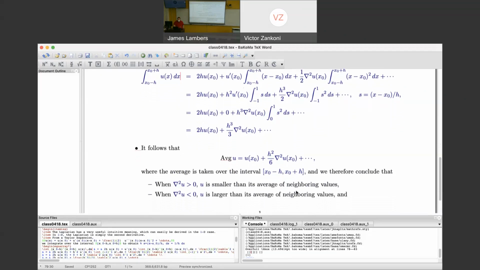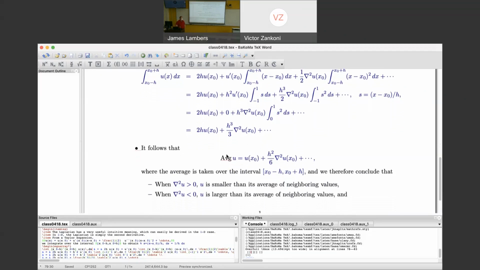So here's what this equation tells us. If the Laplacian is positive, then u is smaller than the average of its neighboring values. Because if the Laplacian is positive, so this term is positive, the value of u at x naught plus something positive gives you the average.